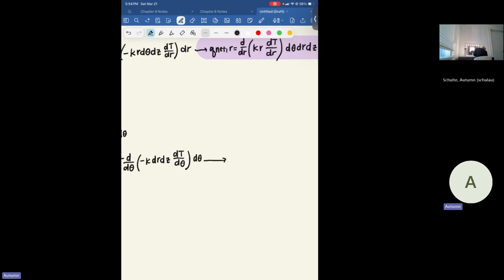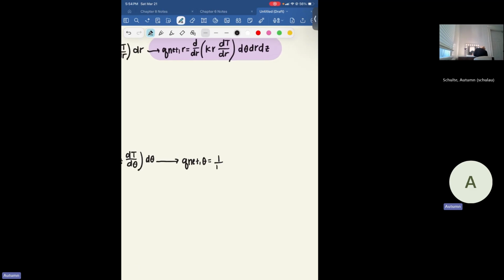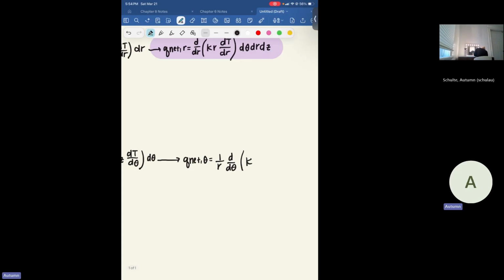This eventually becomes the net heat flow of theta, which is equal to 1 over r d over d theta multiplied by our thermal conductivity times the change in temperature with respect to theta multiplied by dr d theta dz.